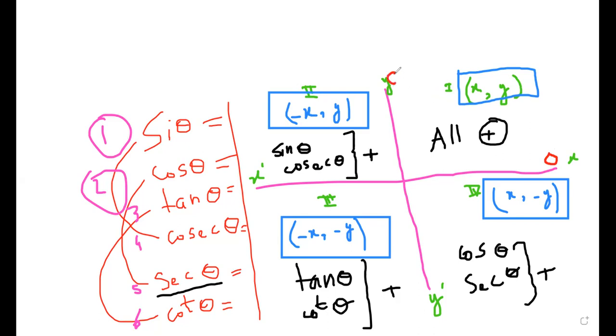This is 0, this is 90 degrees, this is 180 degrees, this is 270 degrees, and this is again 360 degrees. An angle in the anti-clockwise direction is positive.